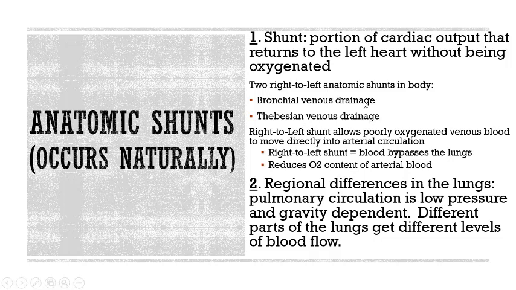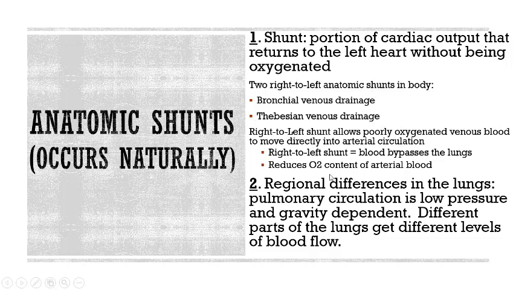Because these two drainage sites don't go to the lungs, they don't pick up any oxygen. So these are poorly oxygenated venous drainage that's then going to go out to your body. So this is naturally occurring, you have perfusion, but you don't have ventilation because this is bypassing your lung.